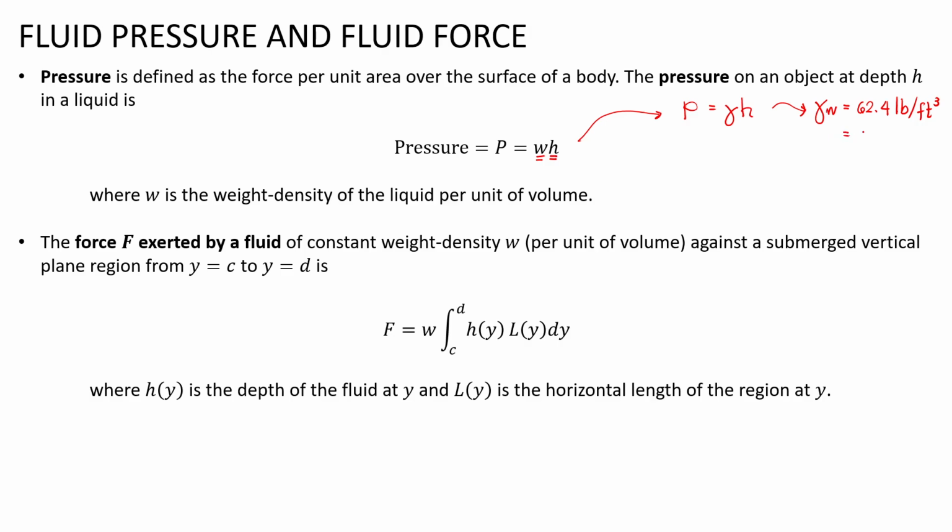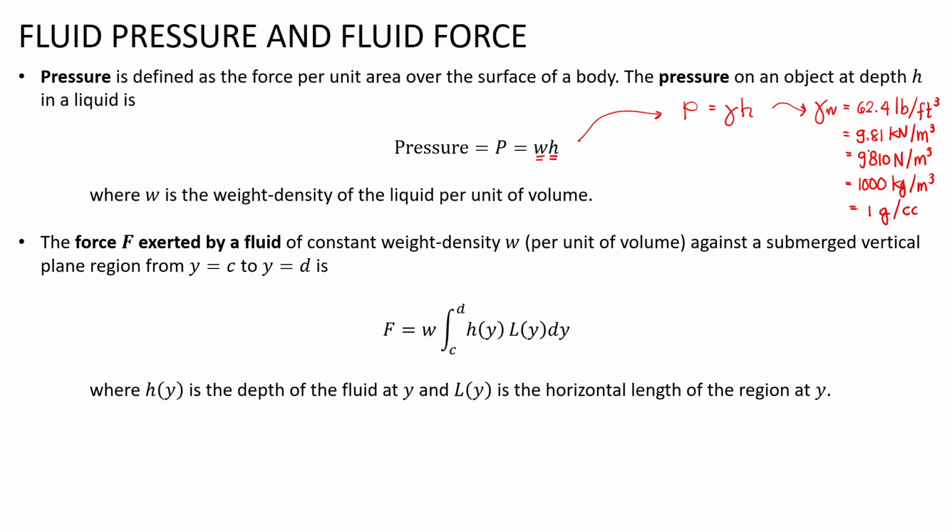In metric system, that will be 9.81 kilonewton per cubic meter, or 9,810 newton per cubic meter, or you can also have it as 1,000 kilogram per cubic meter, or 1,000 grams per cubic centimeter. So those are the different values of the unit weight of water.